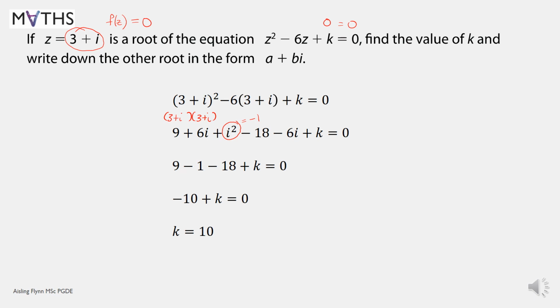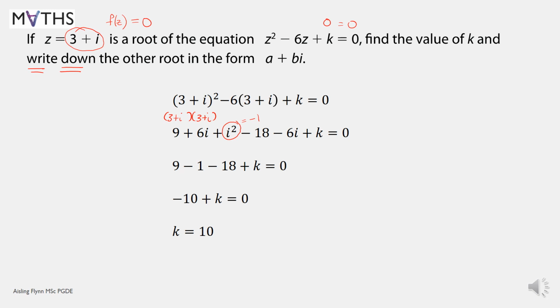So you're working on basically the factor theorem. If something is a root, it will make your function true. It will make 0 equals 0. Now the second task asks you to write down. Pay attention to the words. If it says write down, it means you have no workings to do, no calculations.